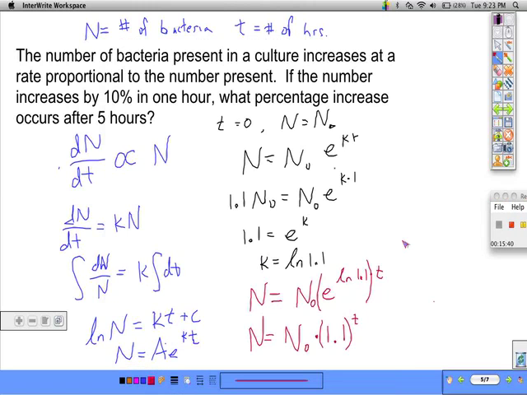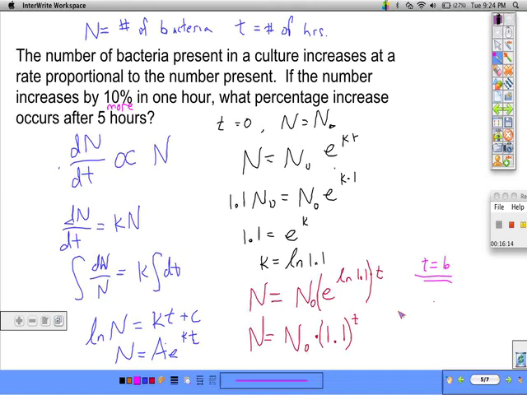Now I'm going to use the rest of the information in this problem. It says, what percentage increase occurs after 5 hours? And what this should say is after 5 more hours, which means that t equals 6 for this last part of the problem.